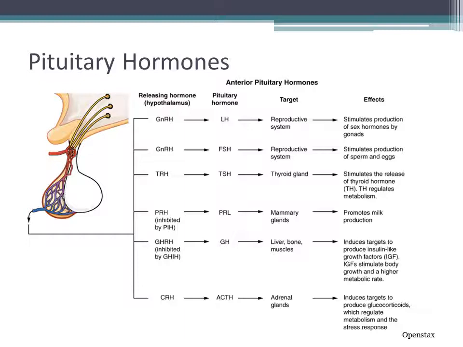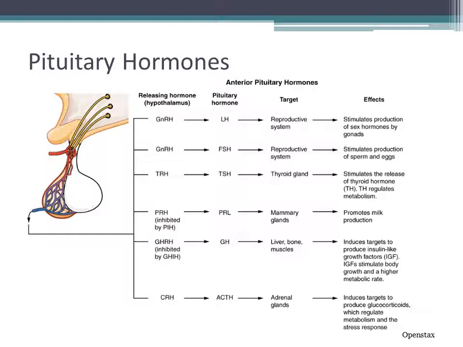The next axis is the prolactin axis, which is under inhibitory signal by dopamine. So prolactin is again under inhibitory signal, and when that inhibitory signal is stopped, we have a rise in prolactin level, which goes to the mammary glands to promote milk production.